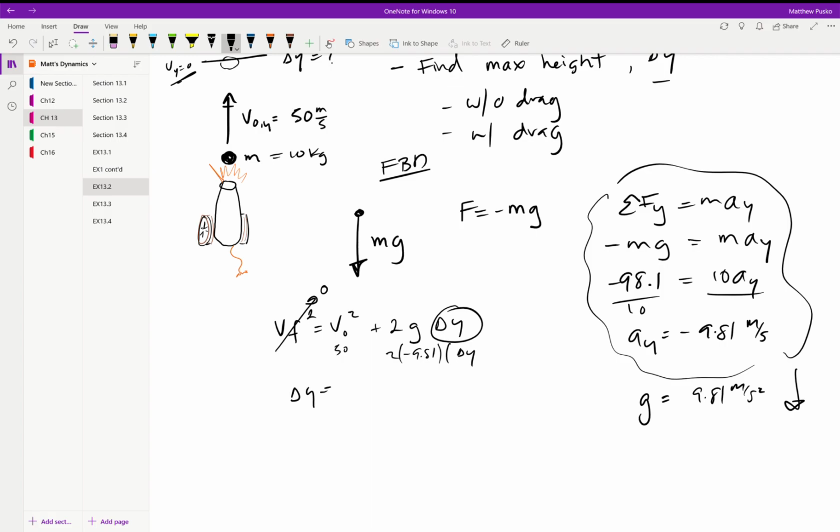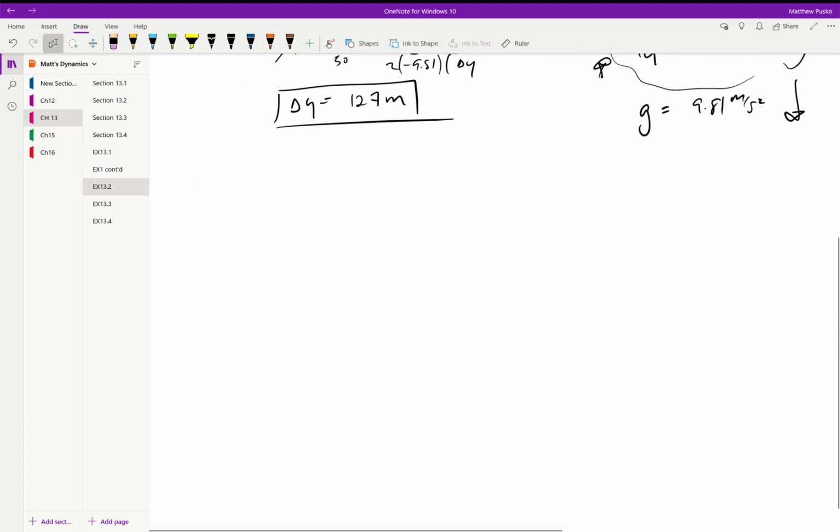I get a delta y of 127 meters. Alright, that was actually just realizing that we had to use the acceleration due to gravity. This was not necessary. This was kind of proving that the acceleration was 9.81.